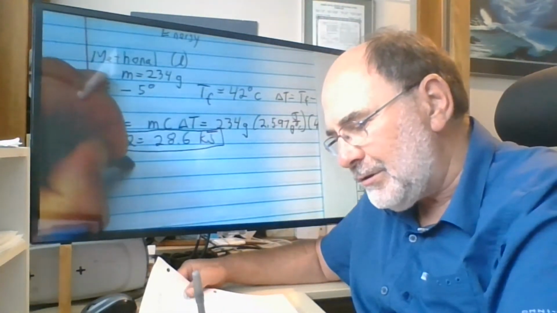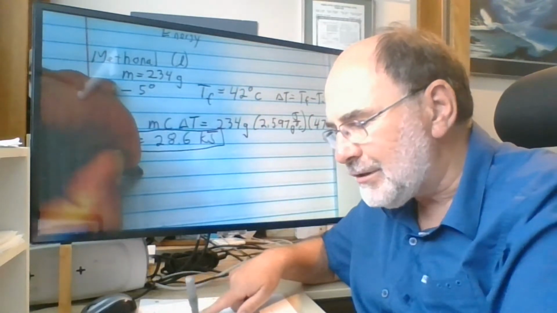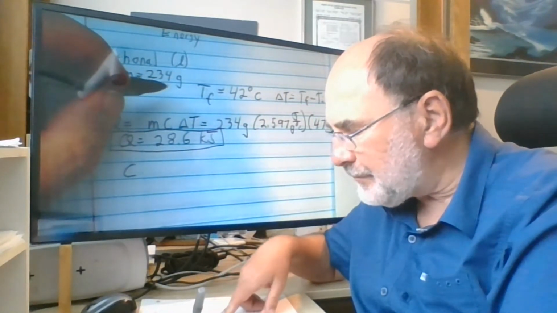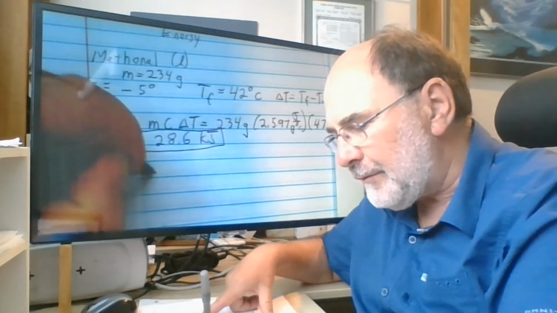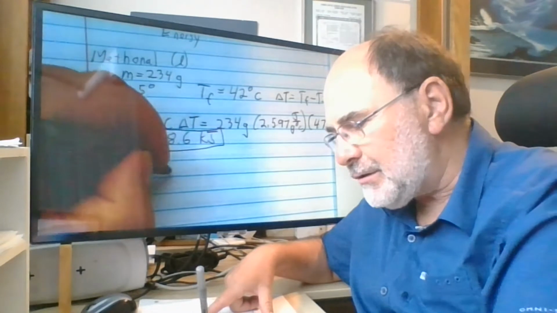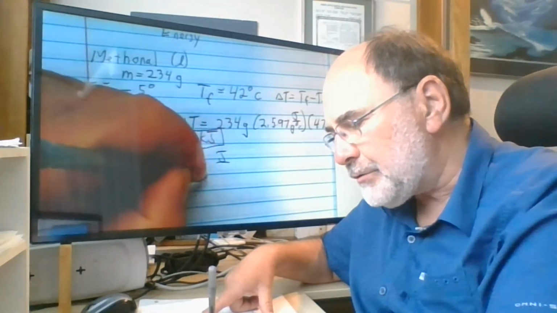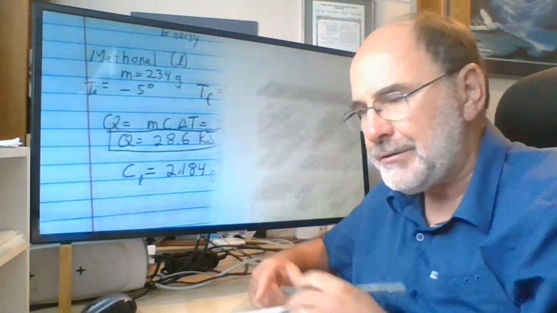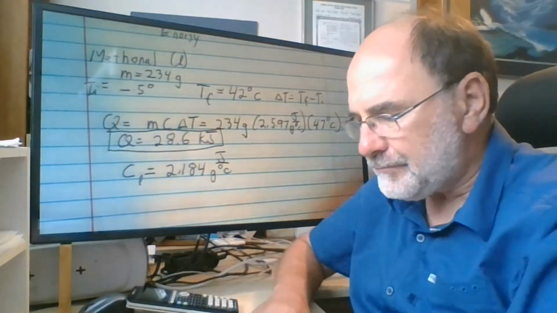And so what's new here is that the specific heat has changed from the value for methanol into the value for acetone, which is 2.184 joules per gram per degree Celsius. All right, so now I'm going to rearrange the original equation.